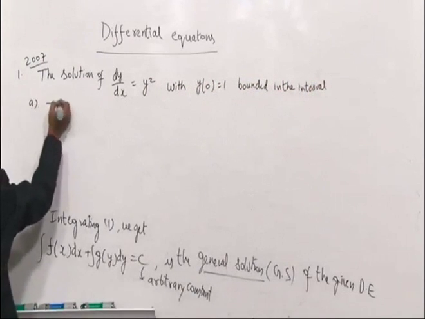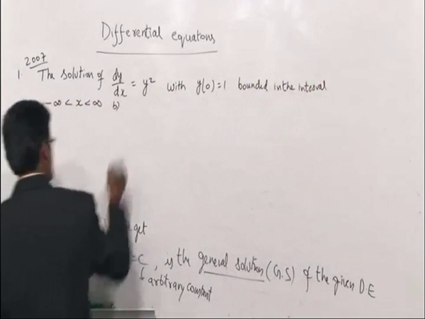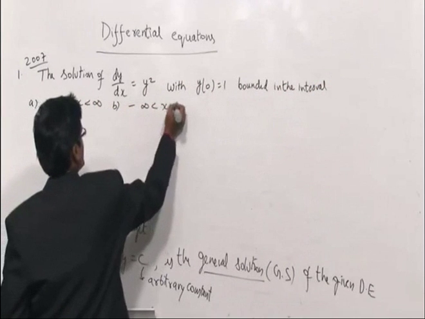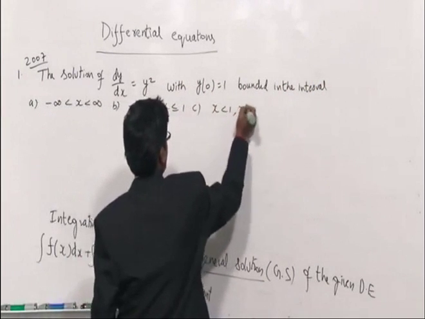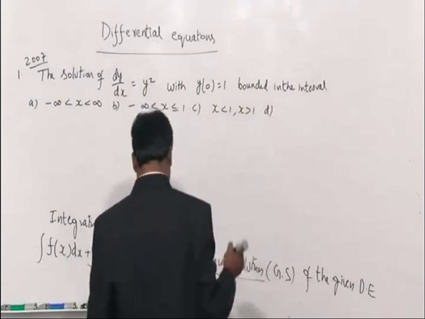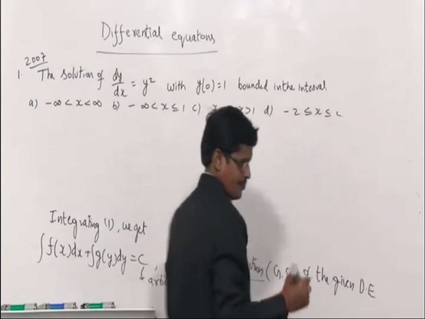Options: A, minus infinity less than x less than infinity. B, minus infinity less than x less than or equal to 1. C, x less than 1, x greater than 1. D, minus 2 less than or equal to x less than or equal to 2.